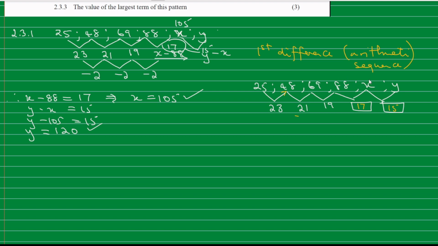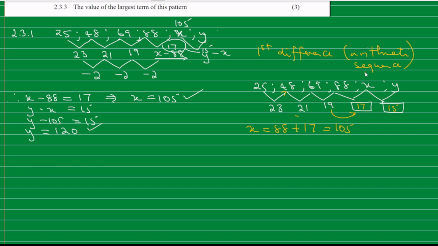So to get x, we must take 88 plus this number 17. So x is 88 plus the difference you have found from the sequence, plus 17, which will give you 105.